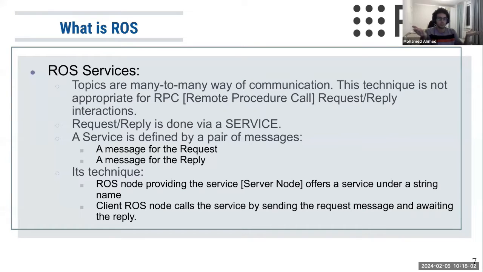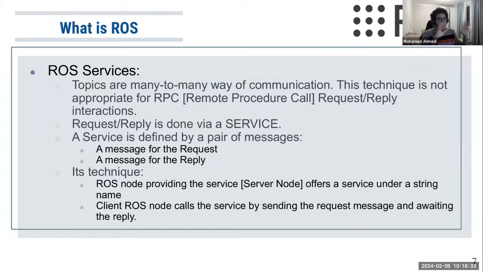It doesn't stop, it just keeps sending whenever some action happens or something triggers. For example, it can send every 1 second or every 0.1 second. You can define whatever you want depending on your application, or it can send a message every time a function is triggered, every time it receives a message from another node, for example.